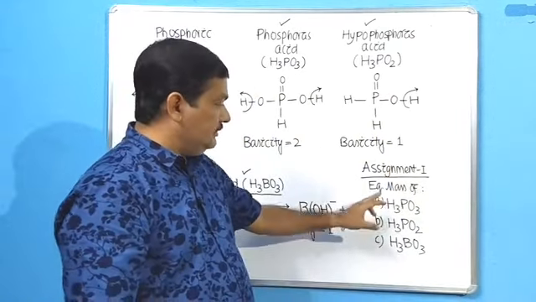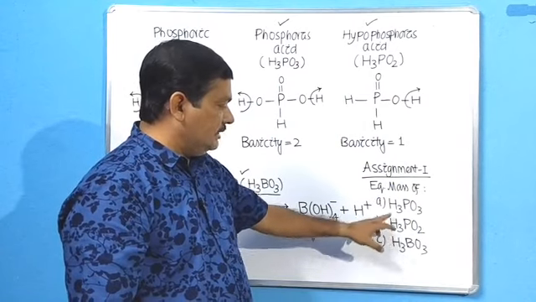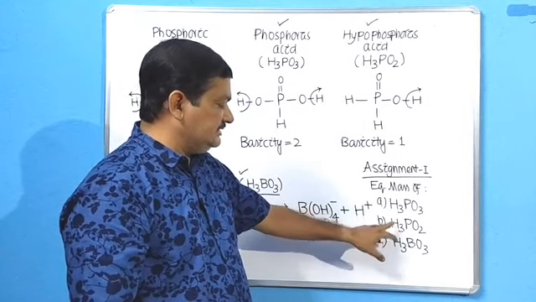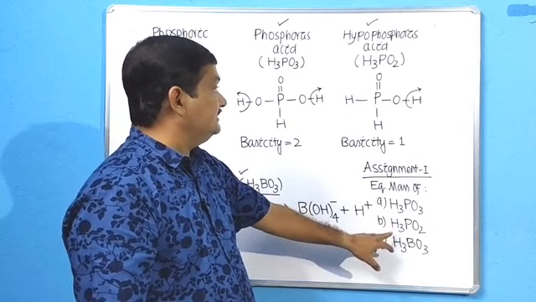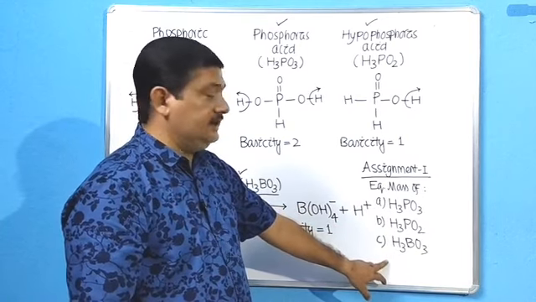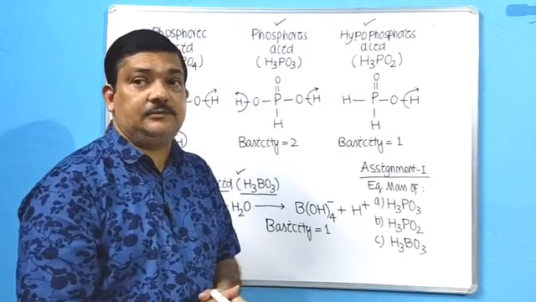So this is assignment 1. You have to calculate the equivalent mass of these three: phosphorus acid, hypophosphorus acid, and orthoboric acid. So solve this and send it to me.